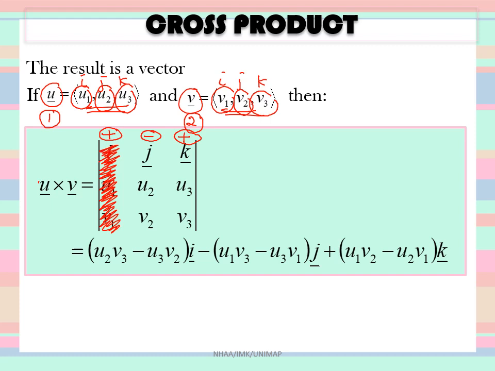It is not gone, but we just don't consider the value for component I. We don't involve the component I to find the value of I. So component I will only involve the numbers in J and K. So what you do is you multiply U2 with V3, you minus with the multiplication of U3 times V2.